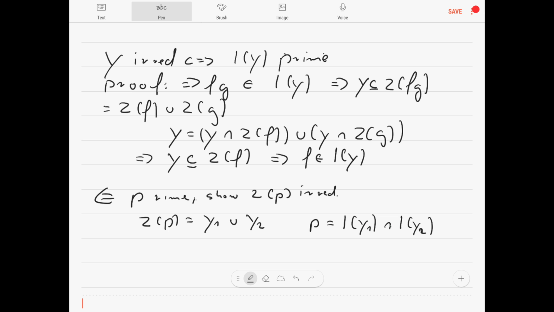So these are the polynomials that vanish on Y1 and Y2.